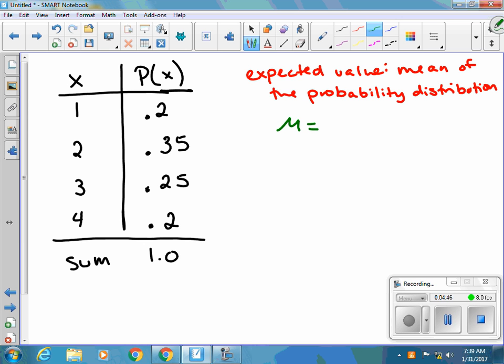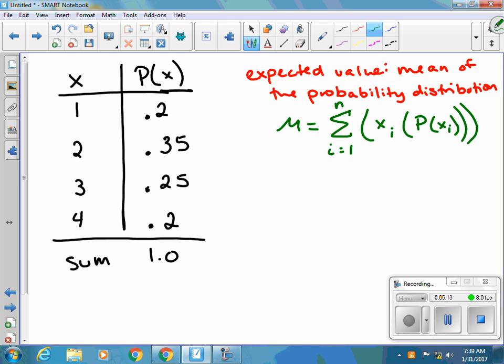So mu is found by taking the sum of xi times p of xi. The summation is when we're going from i equals 1 to n. So, okay, I know this formula looks really kind of scary, but it's really not that bad.